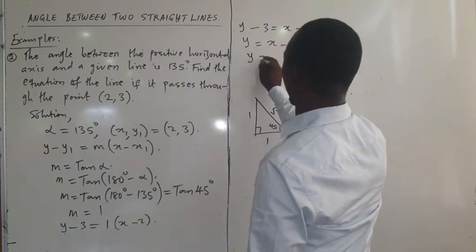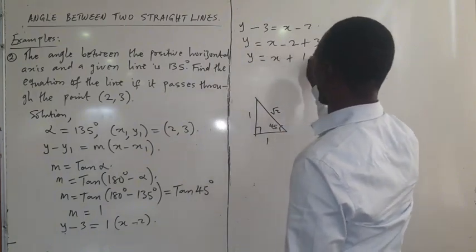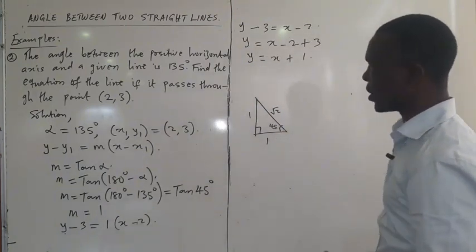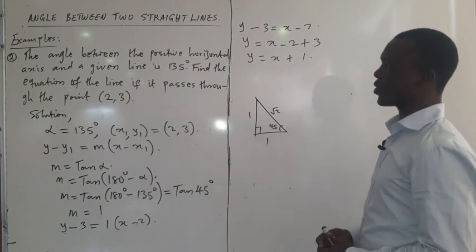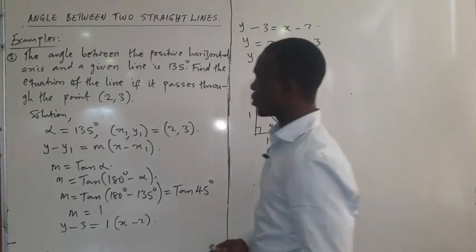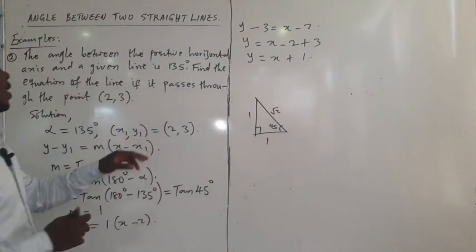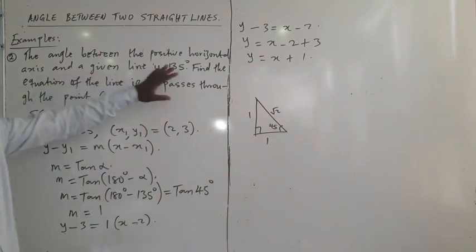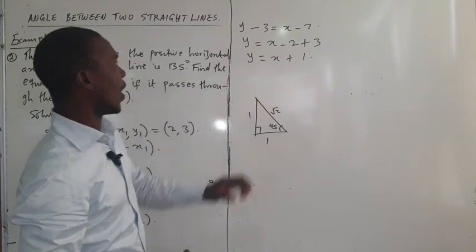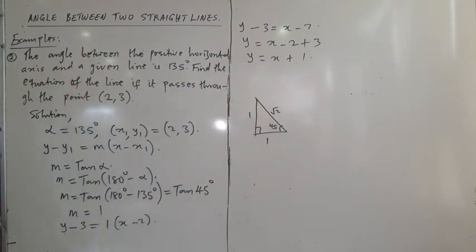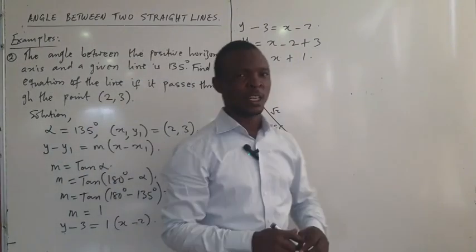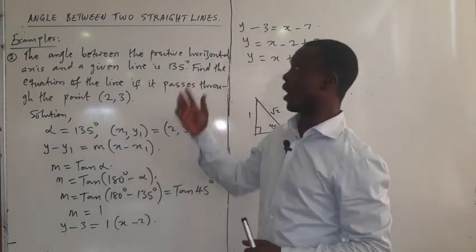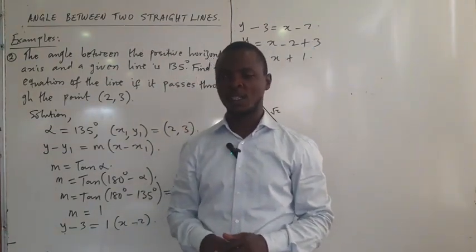So y equals x plus 1. That is that on the second question. So the equation of a straight line which passes through the point (2, 3), and the angle of slope is 135 degrees, is y equals x plus 1. So that is that on angle between two straight lines. Thank you.